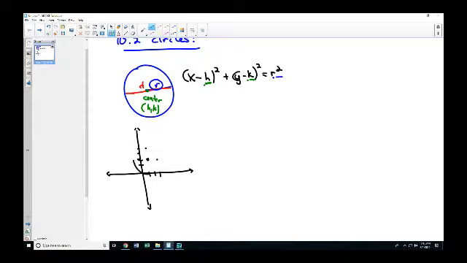So the center here is 1, 2, and the radius is 2.